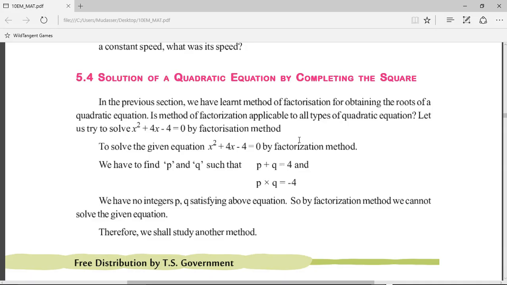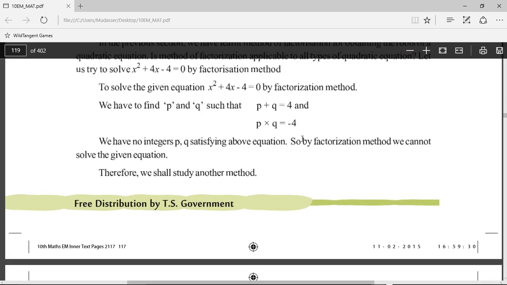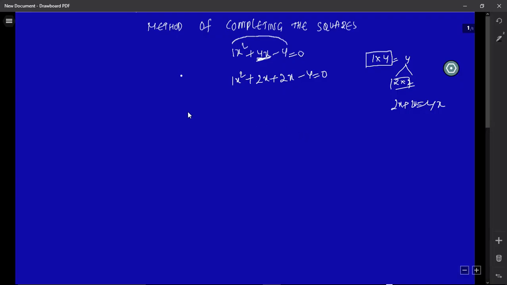Now let us find the roots of this quadratic equation using the method of completing the square. We saw that we were not able to find the roots using the factorization method.